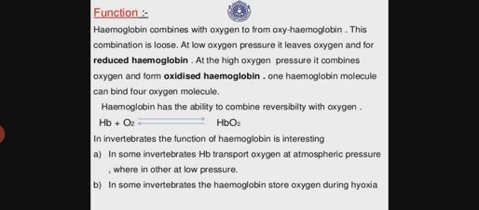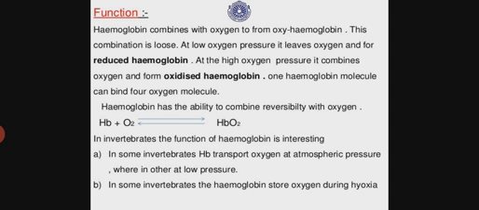At high oxygen pressure it combines with oxygen, which happens at the alveolar level, and forms oxygenated hemoglobin or oxidized hemoglobin. And one hemoglobin molecule, as I said earlier, can bind with 4 oxygen molecules because there are 4 heme groups in a hemoglobin molecule.